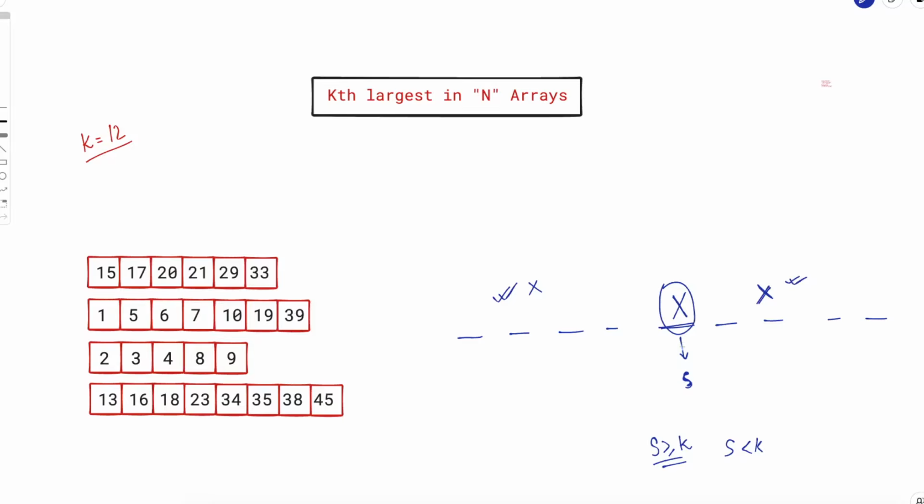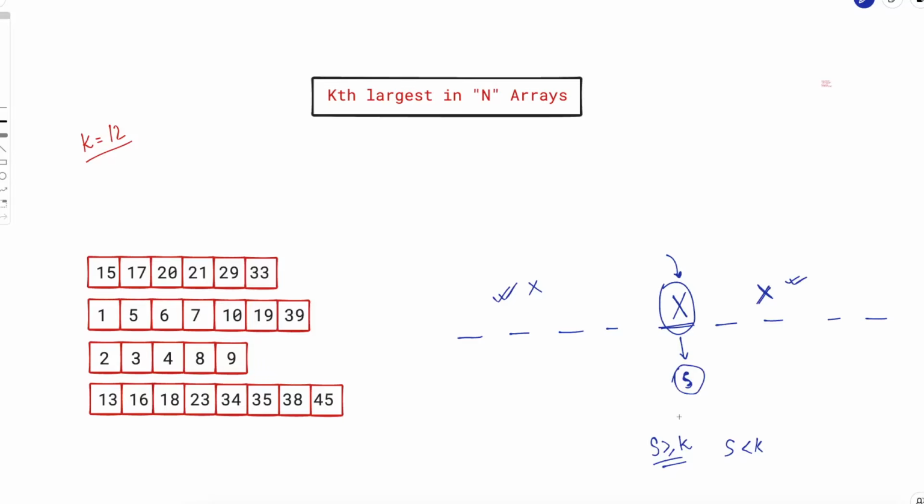So at every pivot, depending on how many elements are smaller than x or greater than x, you can deterministically say whether to search in the left half or right half. And because you can completely skip one half at every iteration, you can apply binary search here, right? So we know that we can apply binary search on the value itself, like what is the kth smallest element.